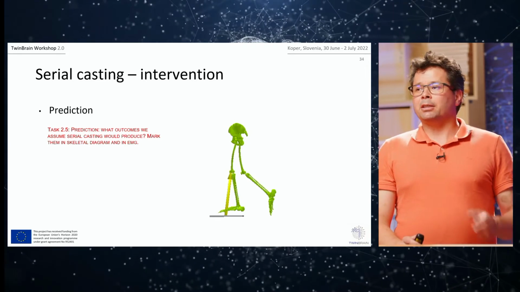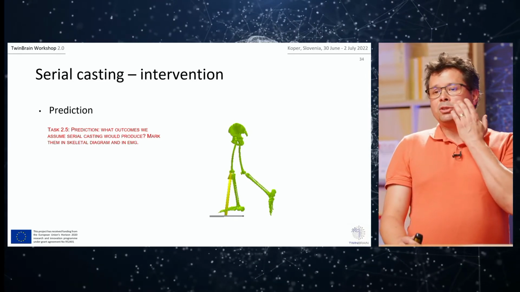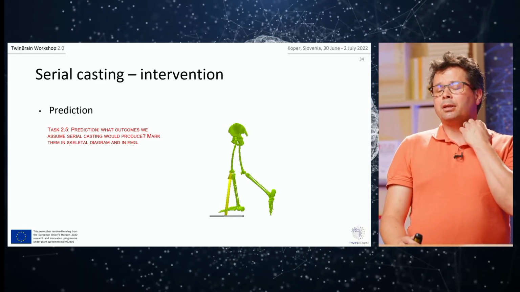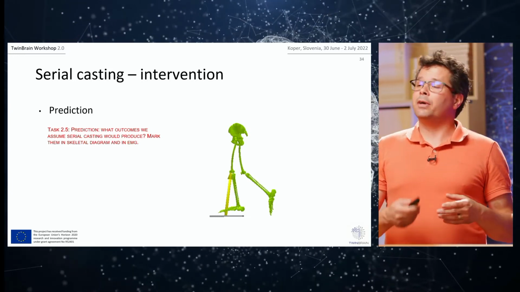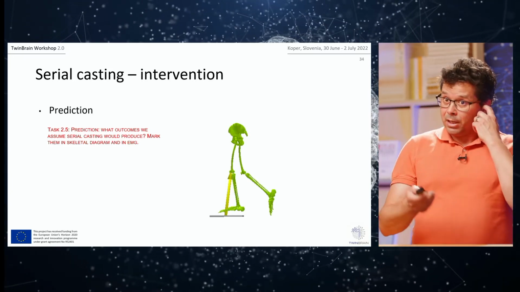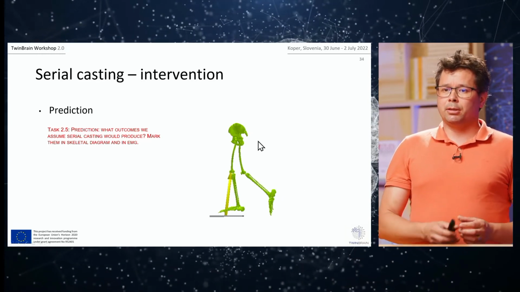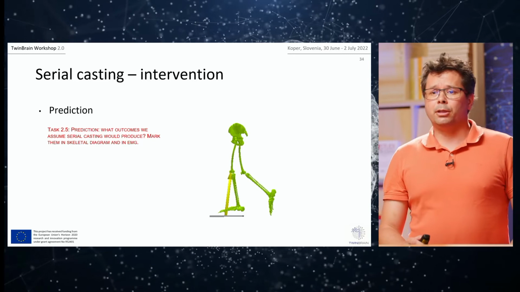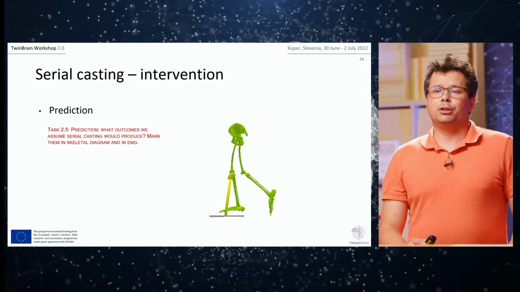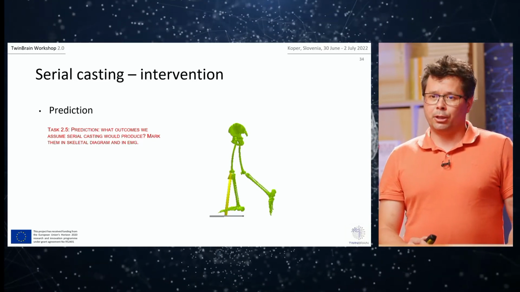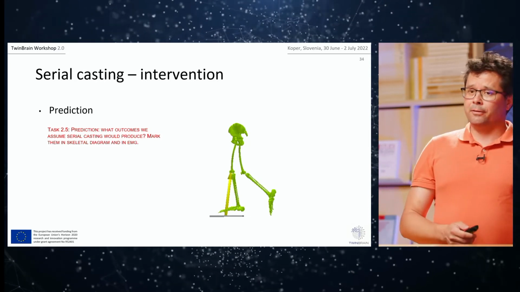So let's make a simple prediction. Assuming that the serial casting would have the effect that we would desire, and this is the skeletal diagram of this child during the loading response, what changes do we expect after the intervention?